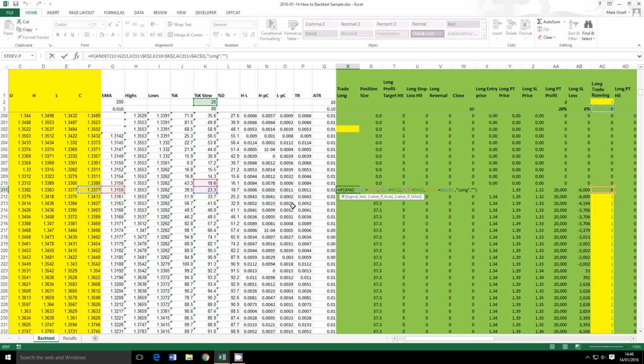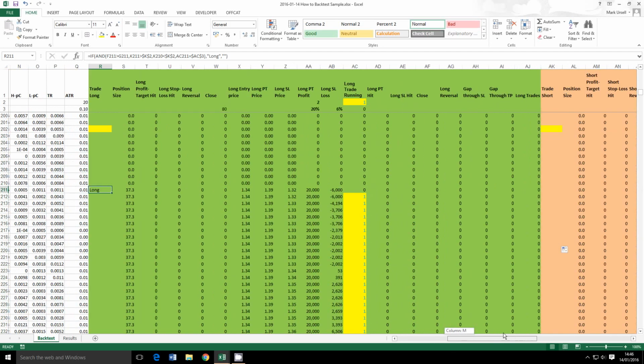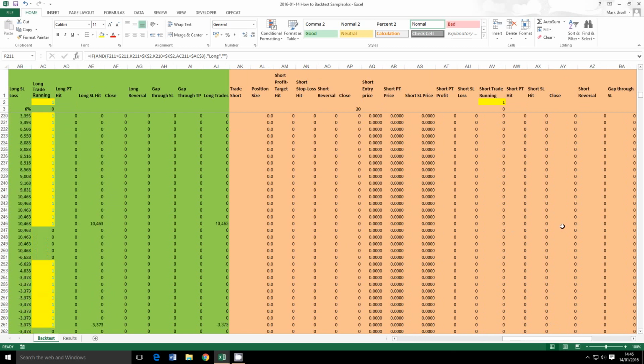The next thing I want to know is has the %K slow just moved above the 20 line? Well, again, we can say yes, it has. Finally, we can see that there was no trade previously running. Right, that one was correct.